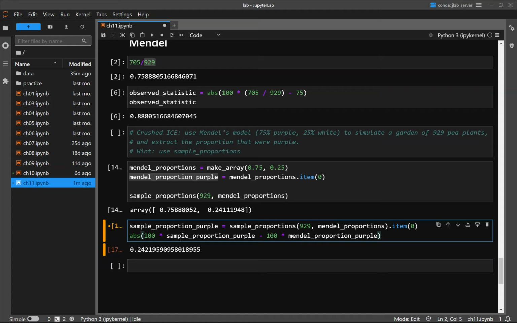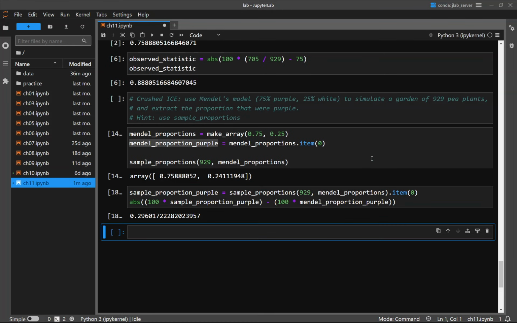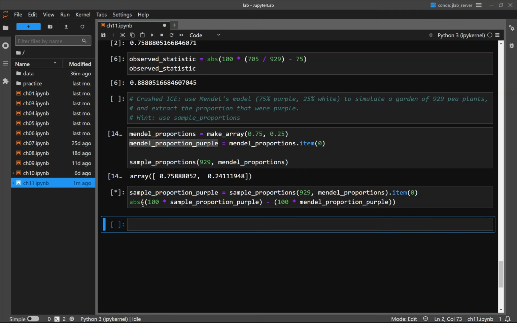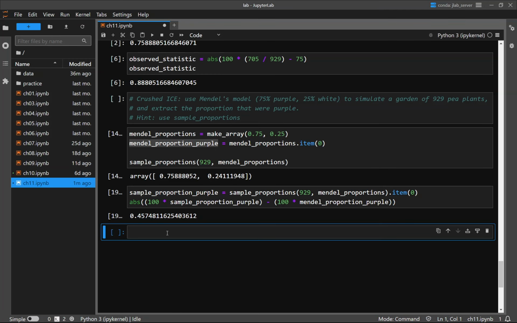So now they're both full percentages between 0 and 100. I'll put some parentheses for fun. All right, this one was 0.29% away. This sample garden was 0.446% away. All right, and that's the number that we're trying to calculate.